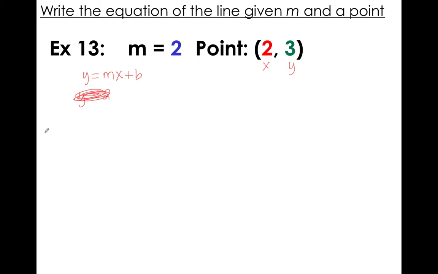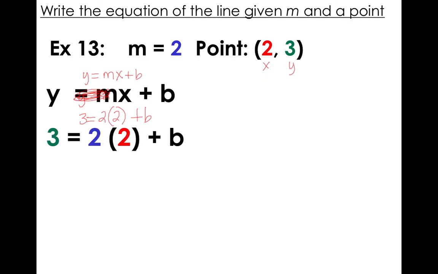So that means this 3 can represent my y, excuse me. This m can be represented by 2. This 2 can be represented by another 2. And now I'm just trying to find the b. All right. So we go through this process, and we end up getting b is equal to -1. Now I take this slope, and I take this y-intercept, and when I plug it back in, notice what I get.